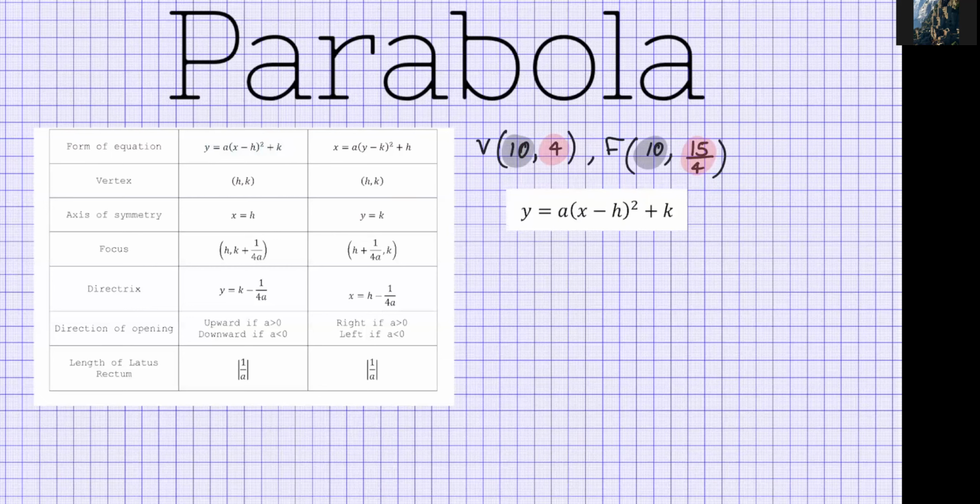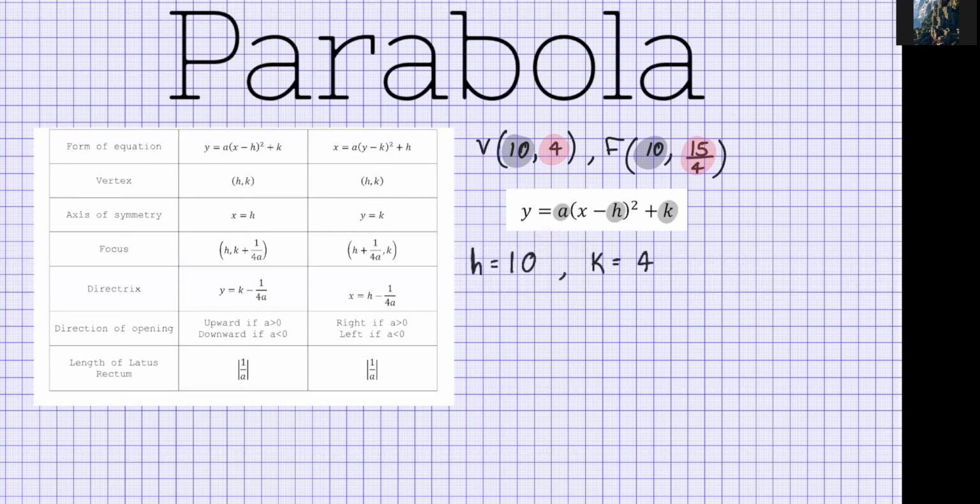We want to find the three values, which are A, H, and K. And since we already have the vertex, we already have H and K. So H will be 10 and K will be 4. So far, so good. Now, the second part, the focus, is where we're going to get our value for A.